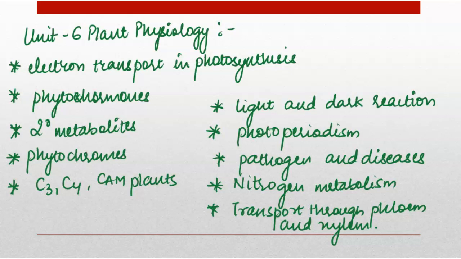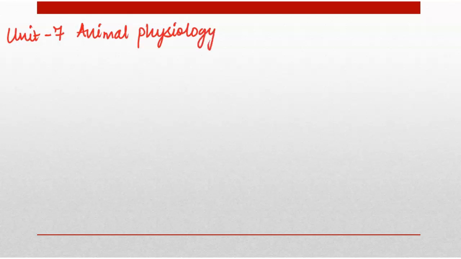Now let's see unit 7. Unit 7 is animal physiology. So let's start with the important topics. First important topic is hemoglobin and blood group.